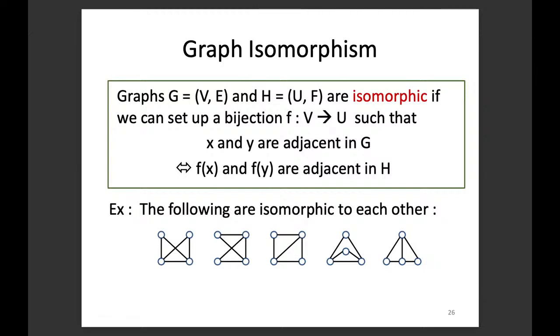And then we also want to introduce the concept of isomorphic or isomorphism. Iso means the same, morph means shape. So we are talking about graphs with the same shape or same structure. So if you look at this graph, it actually looks like this graph. If we rotate this graph, let's say anti-clockwise by 90 degrees, then we will have this graph.